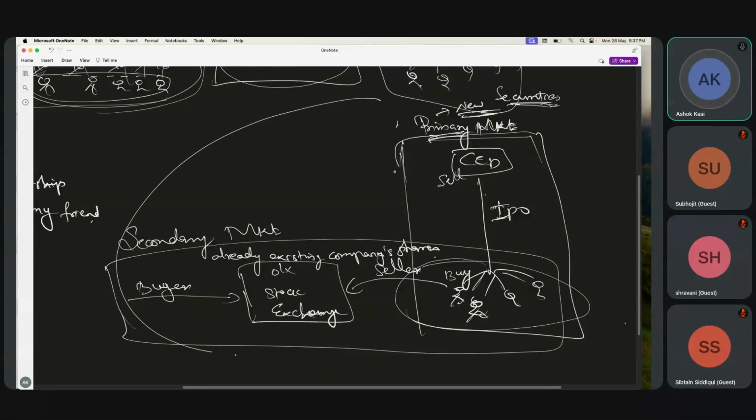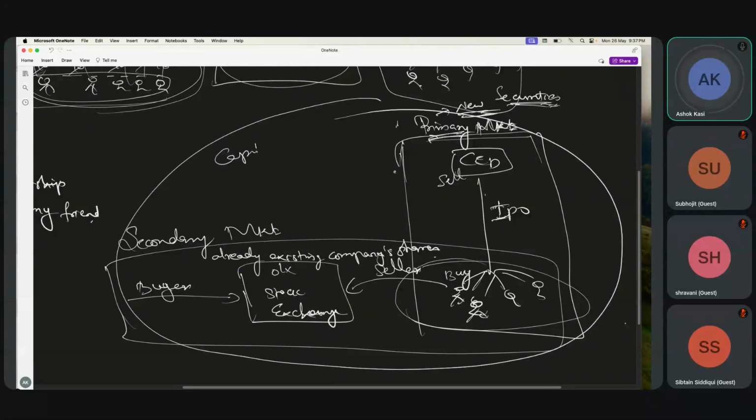Together, the primary and secondary market are called the capital market. So capital market means what now? Capital market comprises both the primary and secondary market, and it is a market where long-term securities are traded.